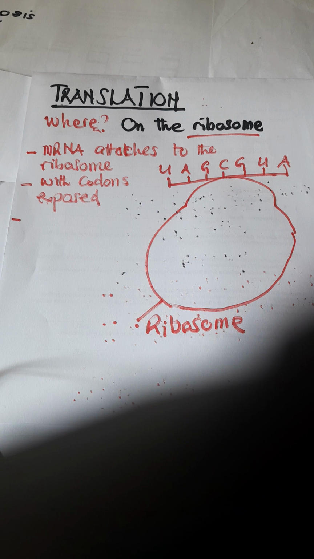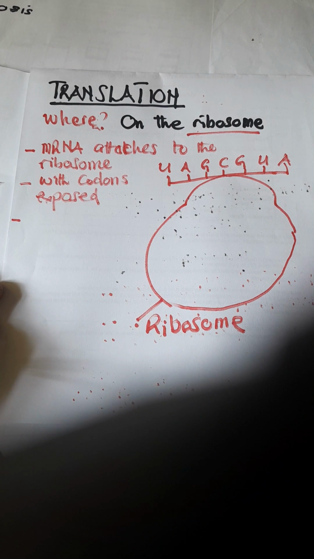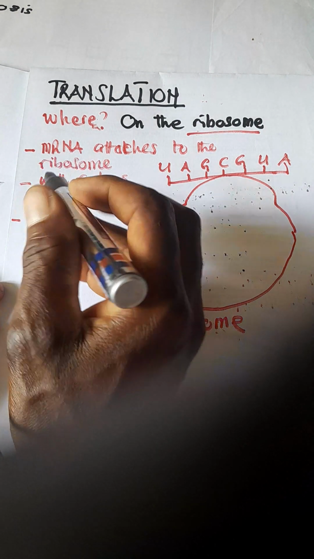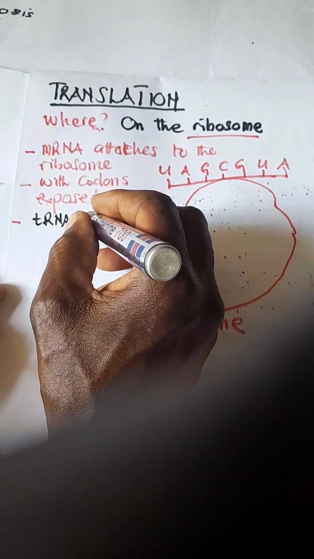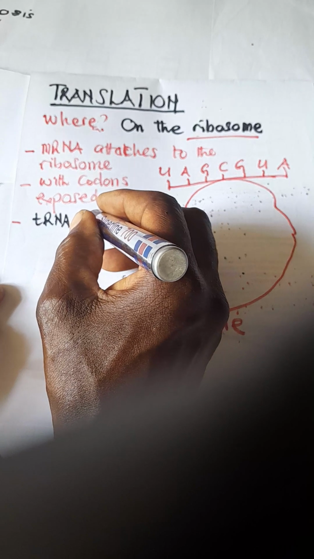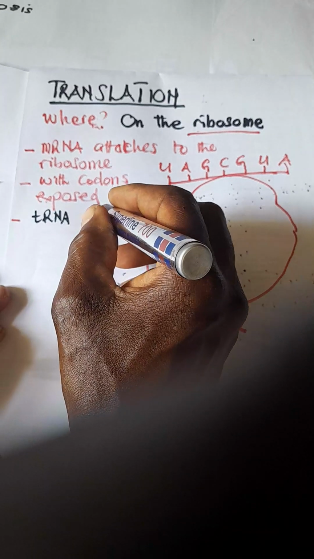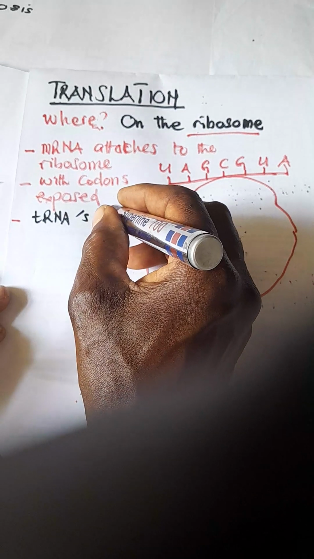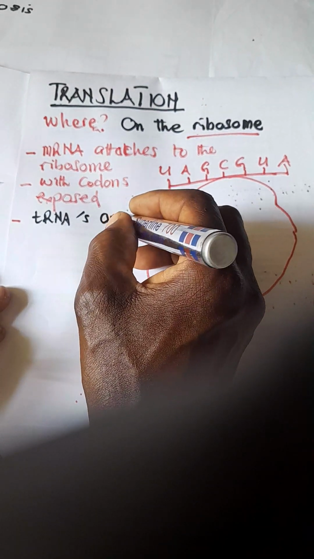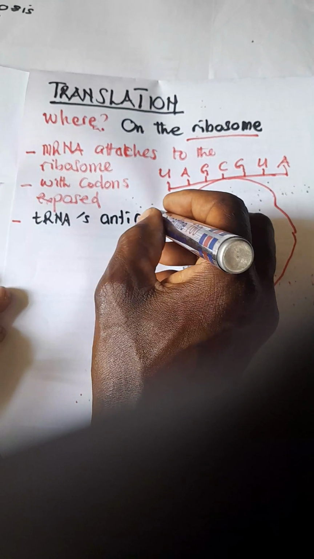These tRNA carry specific codes which are complementary to the mRNA. So we're going to say tRNA has an anticodon. Remember the anticodons are triplets.